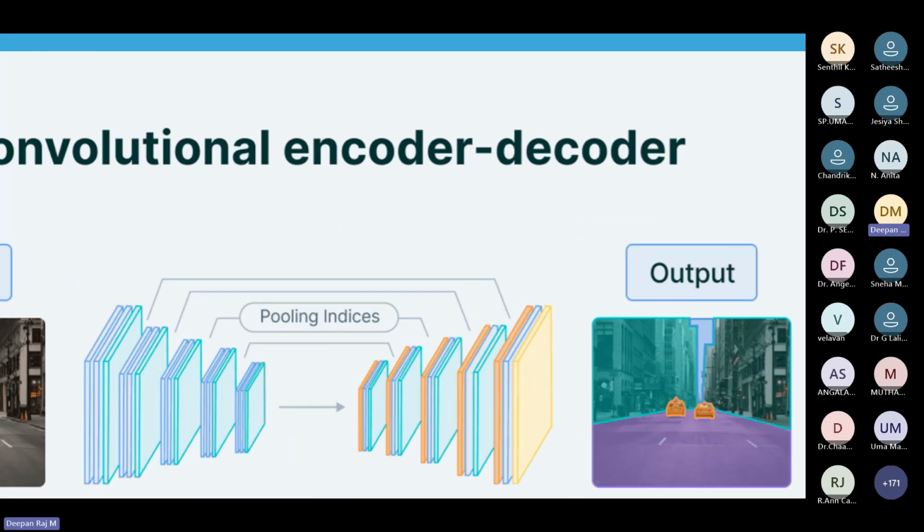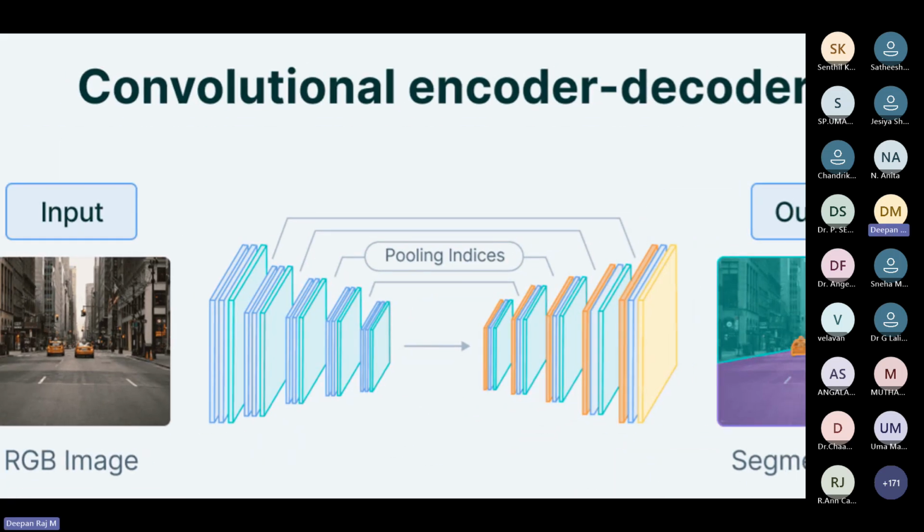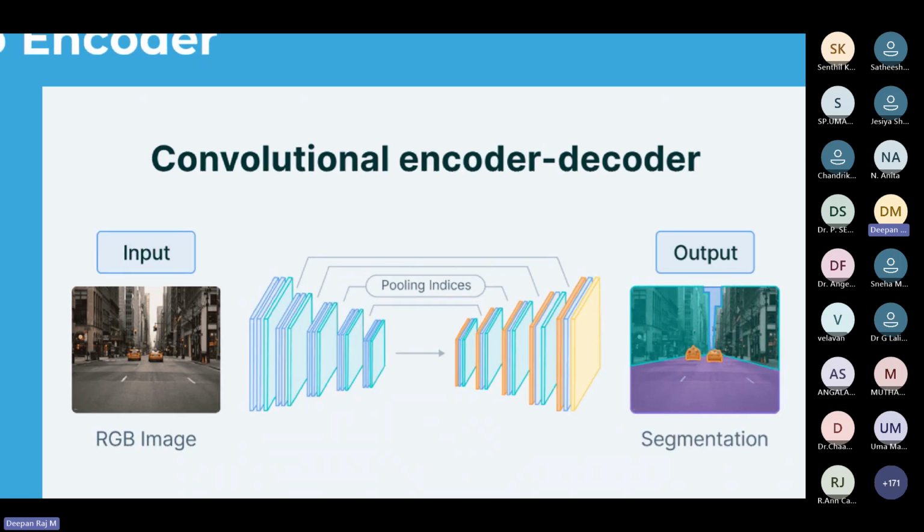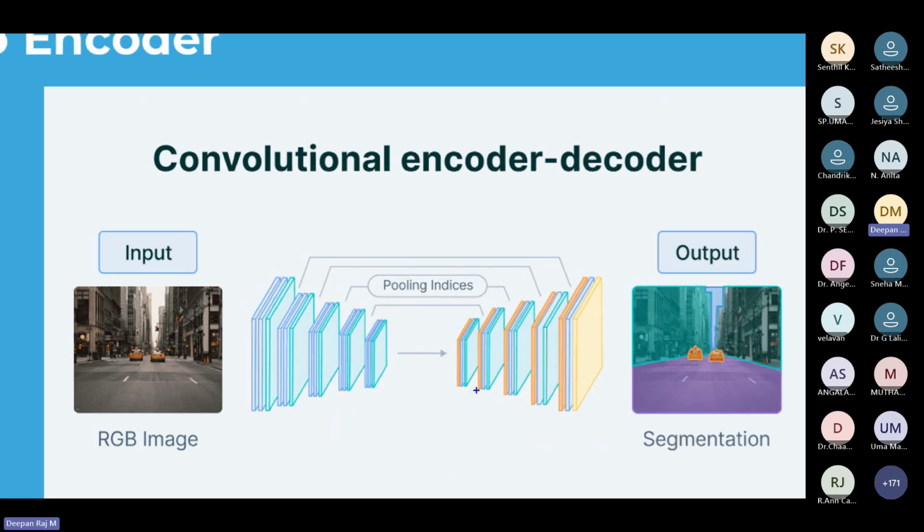If you see this particular block diagram, it's a segmentation based autoencoder. The basic idea of an autoencoder is to downsample the image using your CNN approach, the very CNN approach which we use, right? Basic convolutions followed by max pooling is happening here.